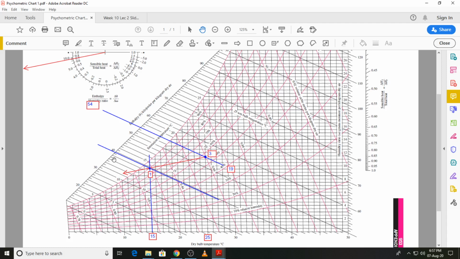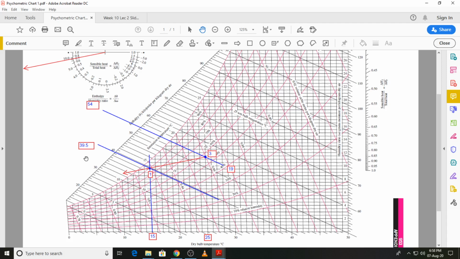And you can see this is close to what I have written as 39.5 kilojoule per kilogram dry air. So these values are corresponding with those that I had earlier shown you in the solution.